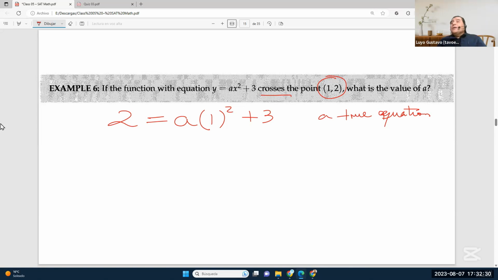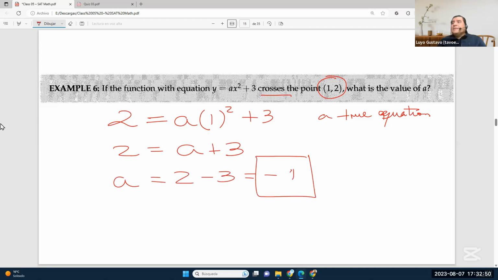So take a look. What happens here if I have a linear equality with a as my unknown? I can easily isolate a. 2 equals a plus 3. So what is a? A equals 2, take away 3, negative 1. And that's the answer to the question.